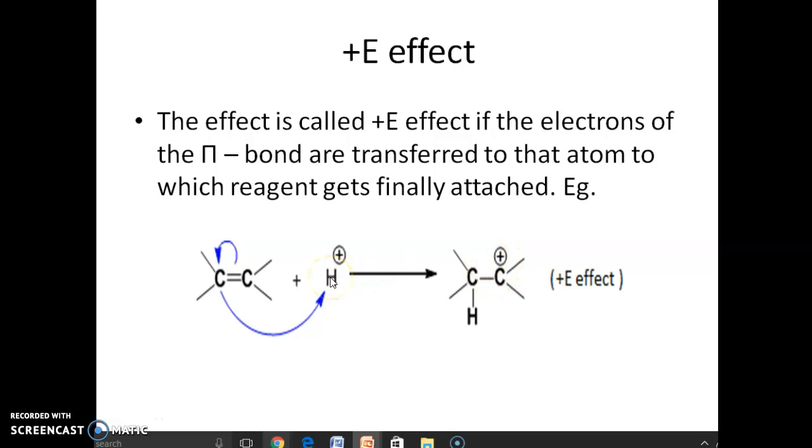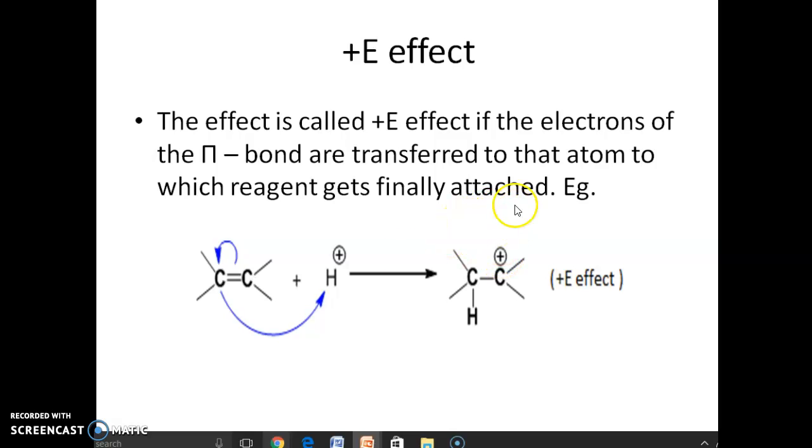See, this is the hydrogen. This hydrogen attacks one of the double bonded carbon atoms. As a result, the electrons of the pi bond get transferred to this carbon due to the attack of the hydrogen atom. This creates a positive charge on the other double bonded carbon atom.